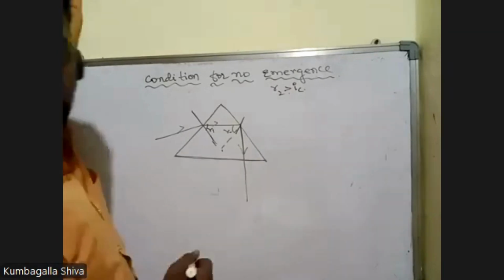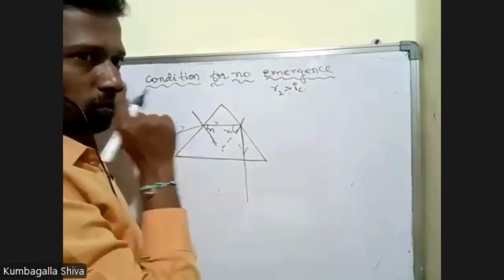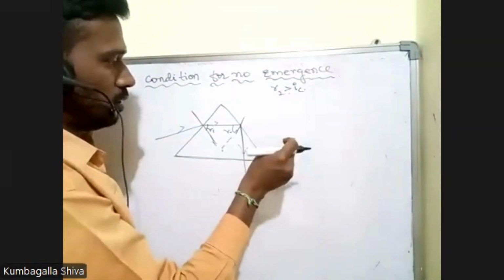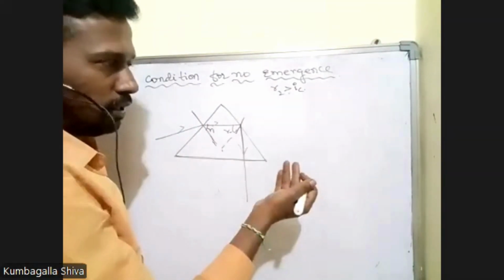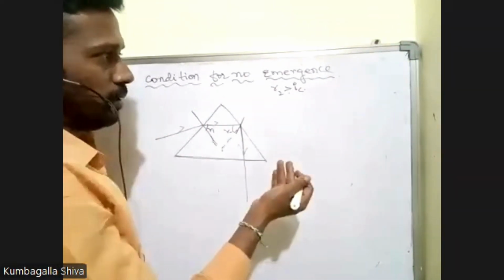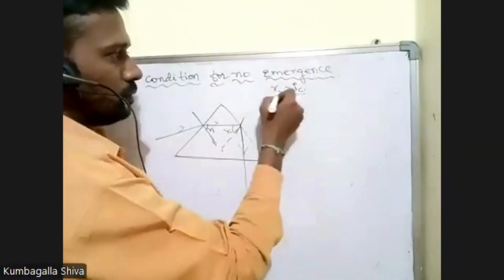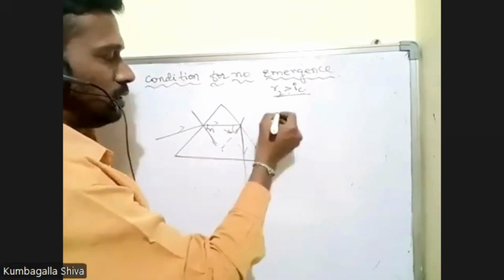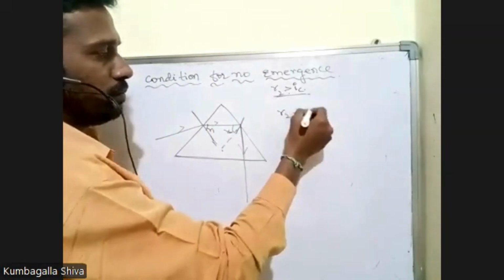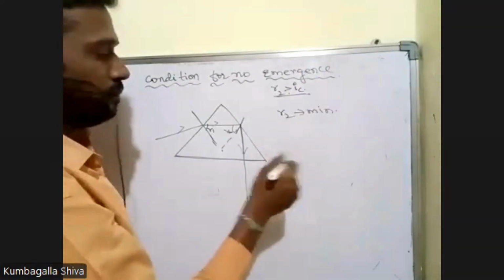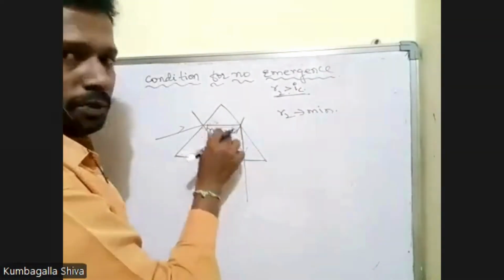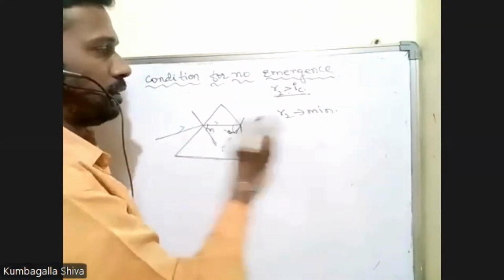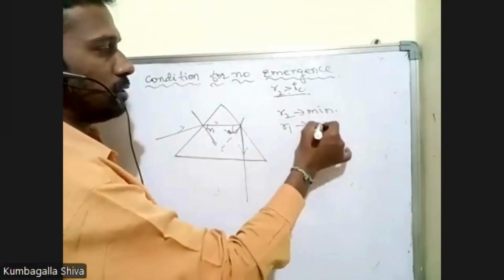So in order to have no emergence, I will imagine that R2 is minimum. Definitely, then R1 will be maximum.